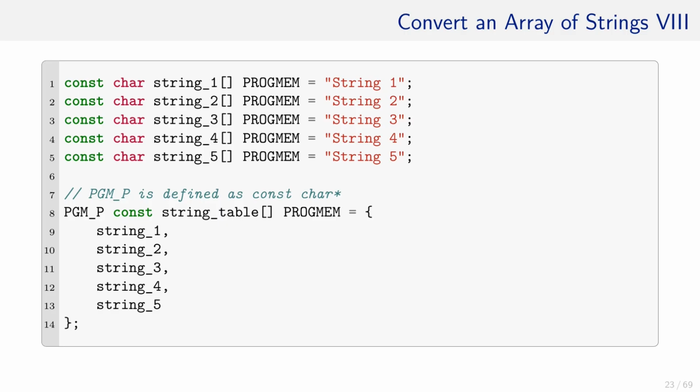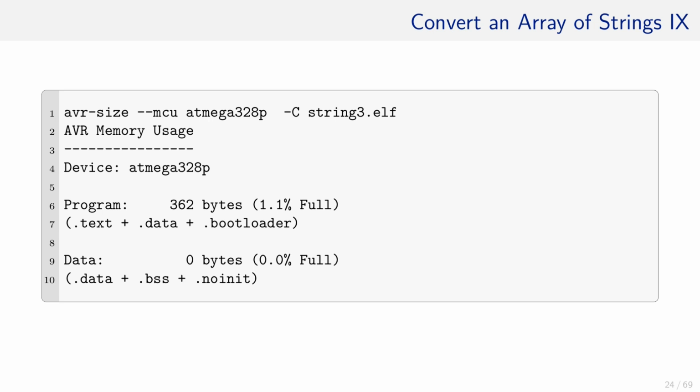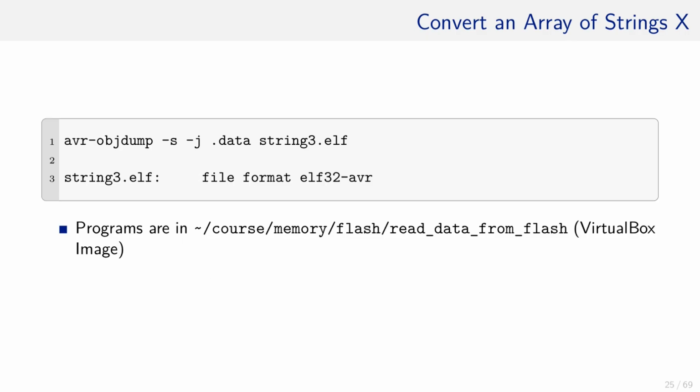The type of the pointer in the program space is PGM_P, which is the same as constant pointer to a character. Let's see if we have been successful, and it looks like we were. The data section is empty by now, and the objdump also confirms it. The entire array of strings is in the program memory by now.